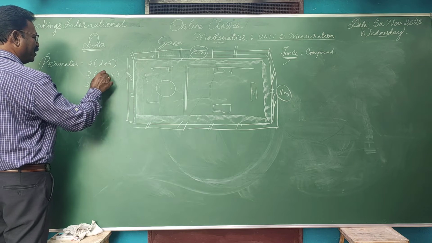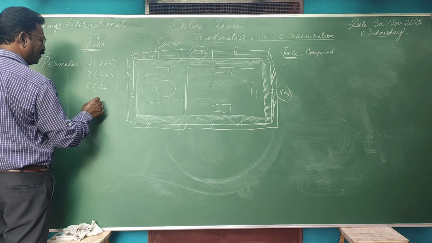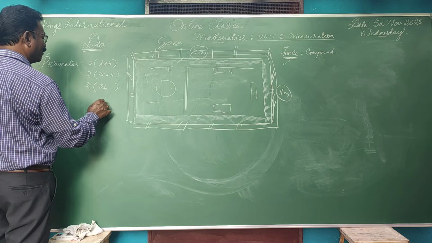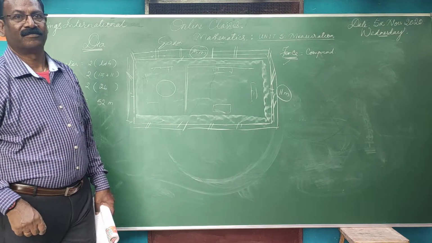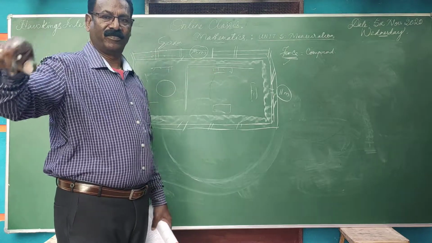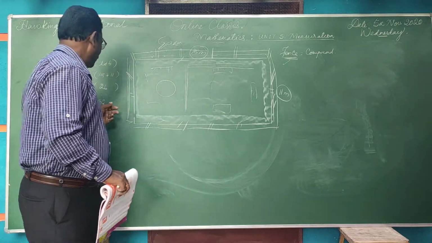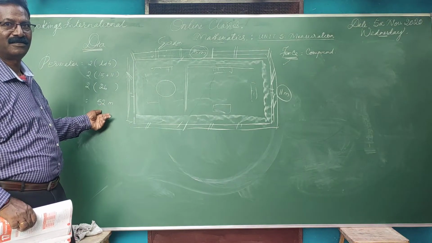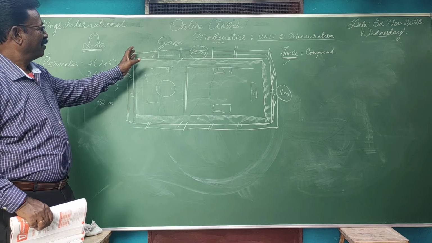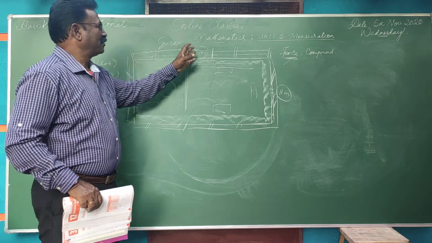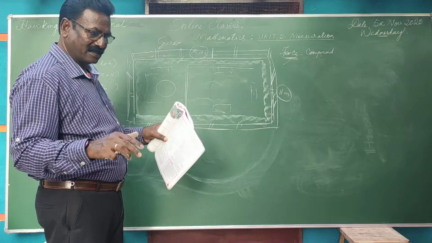So 2 into 15 plus 11 is 26. 2 into 26 is 52 meters. The total boundary measurement of this rectangular garden is 52 meters. She must fix the poles and bind it with the barbed wires, then it will become a fence.